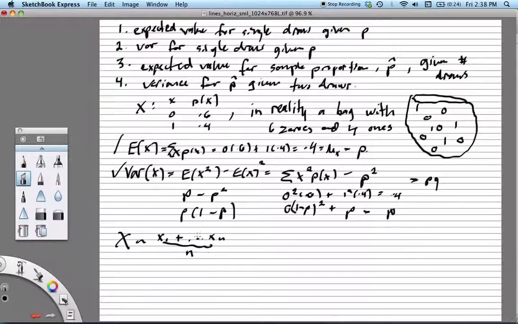So this is kind of like a sample mean. And what do we expect of this? Well, the expected value of now an even bigger x. You know what? I'm going to just call it y, because I think it's the thing to do.